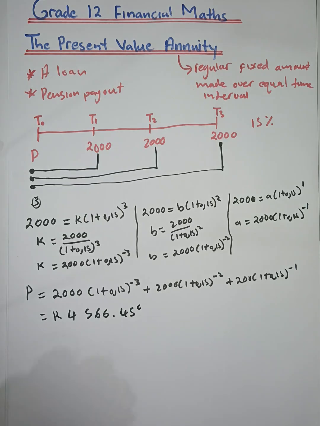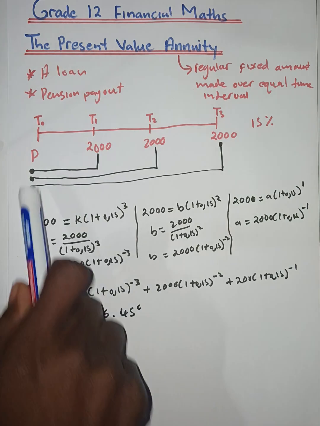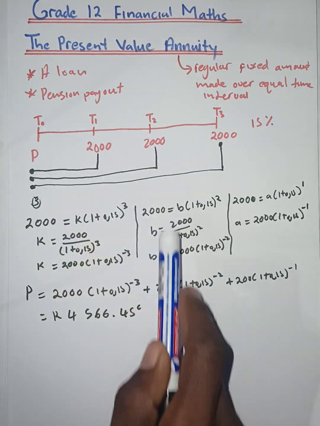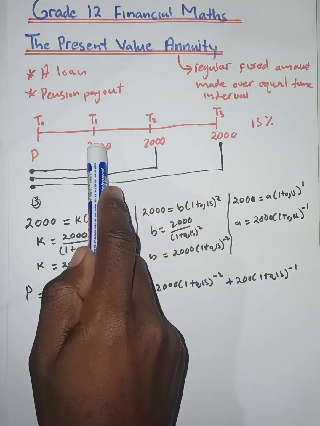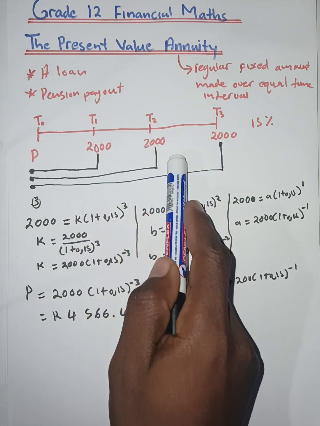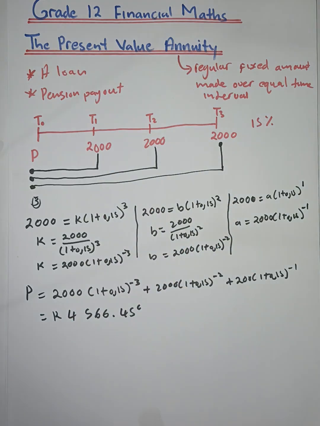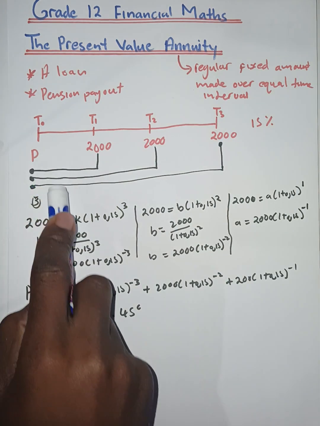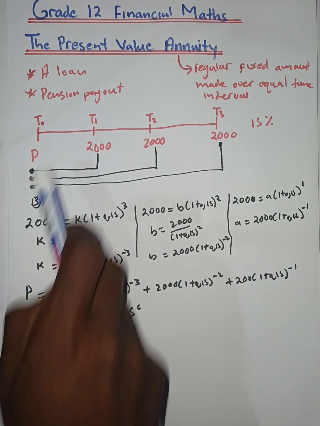So that would be the loan that you'll be granted at the beginning, for you to make those 3 payments of 2000. This would be the loan that you'd be granted at that particular T0.